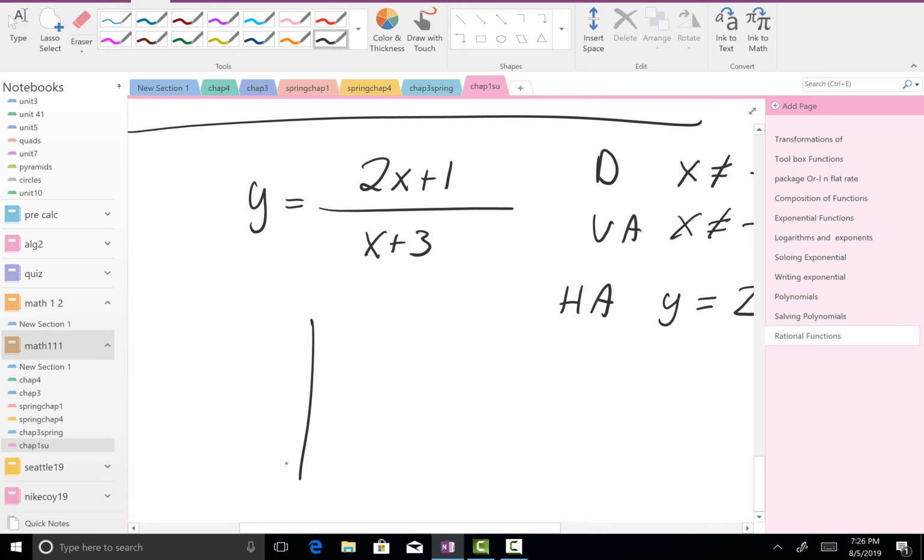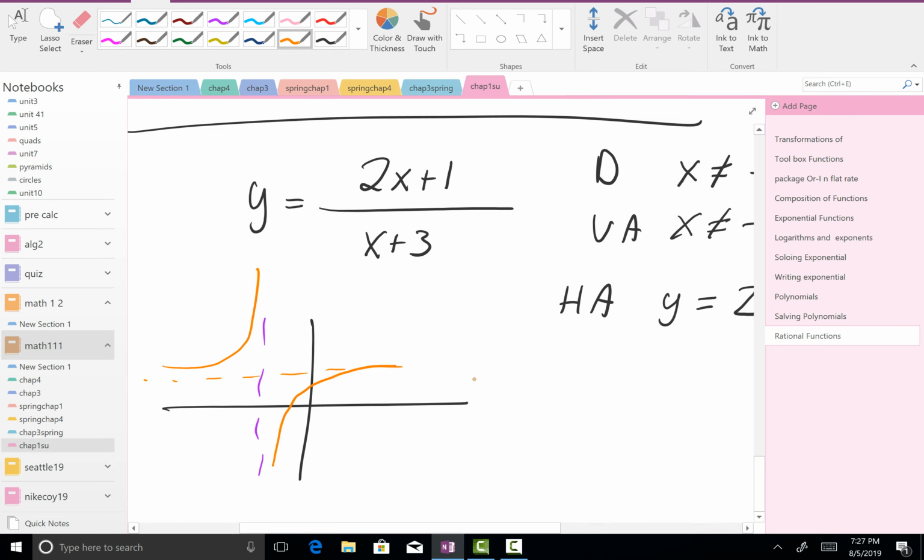If you graph this, there should be a vertical asymptote here at 3, and then it should come on, let's see, it should bottom out. I might have this drawn wrong, but I know where that 0 is. It's going to be at -1/2, so it should be coming like this and like this, but that doesn't make much sense.